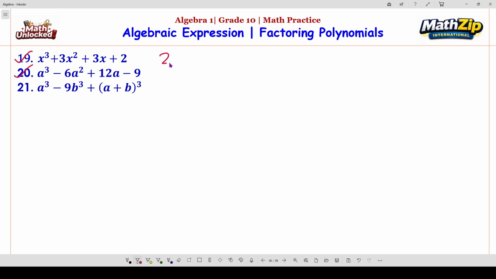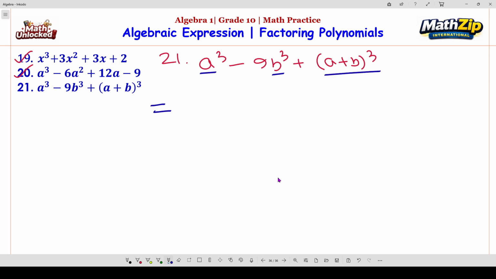Question 21. A cube minus 9b cube plus a plus b whole cube. So in this expression, first this is a cube, b cube, and a plus b whole cube.